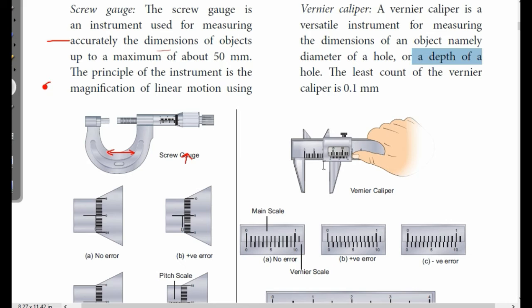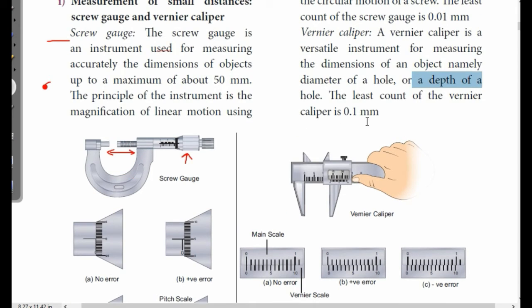Compared to Vernier caliper, screw gauge measures very small objects.